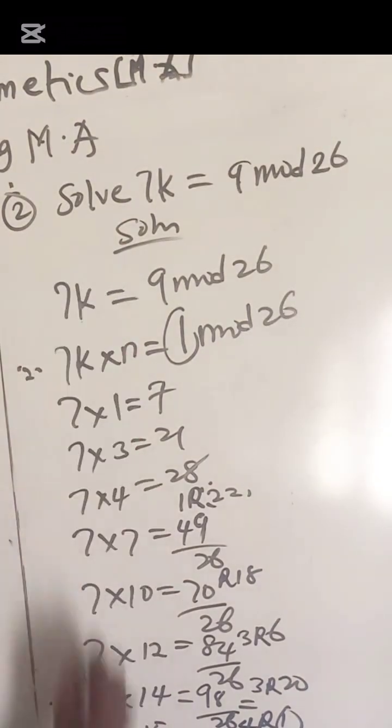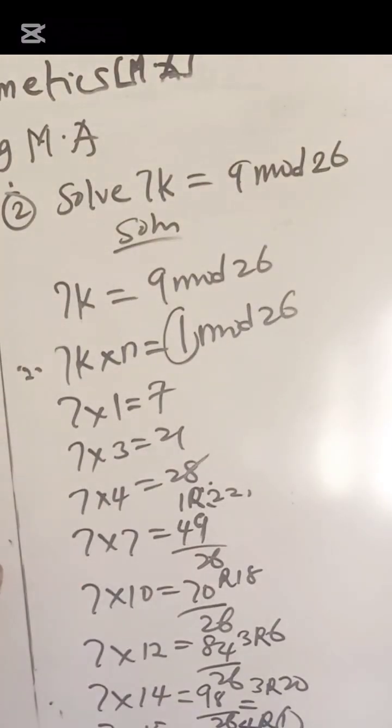So we can come here now and say 7k times 15, multiply through by 15. Let's rewrite our question. 7k equals 9 mod 26. So multiply through by 15.